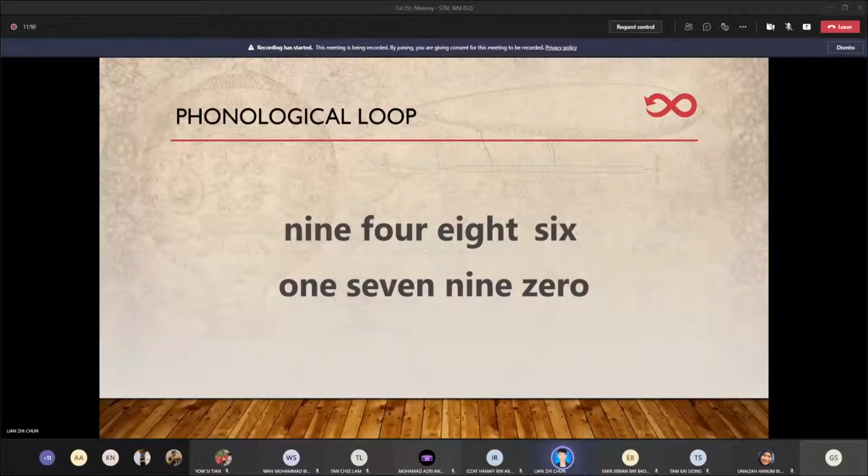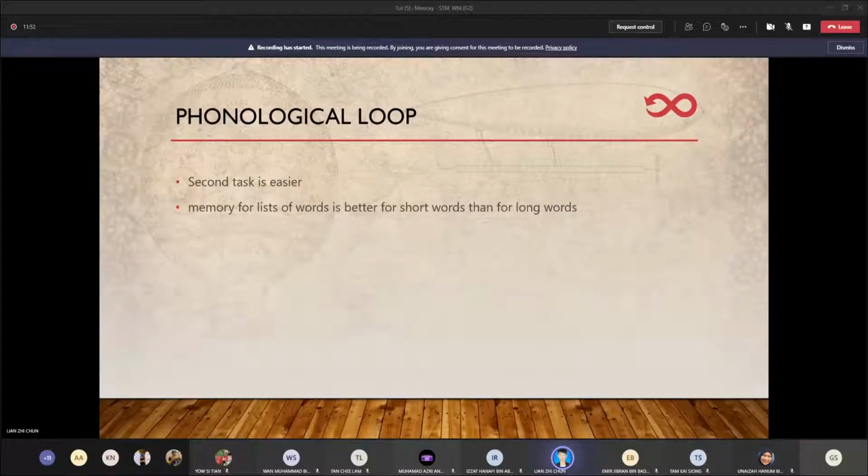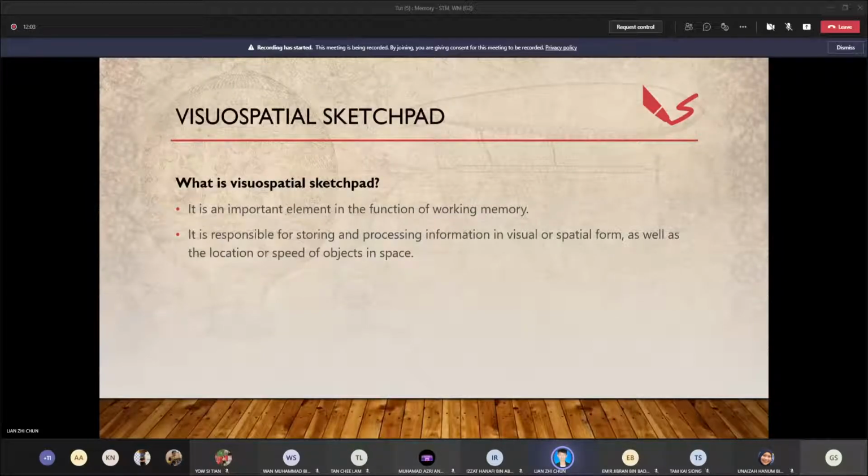After you try, which task is easier? Task 2, right? So it shows that memory for a list of words is better for short words than for long words in our phonological loop.